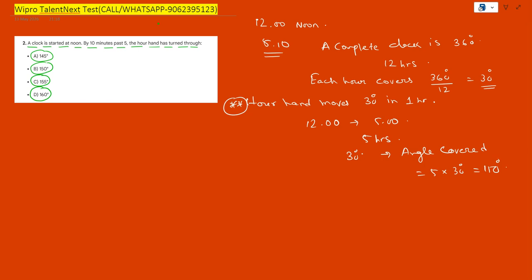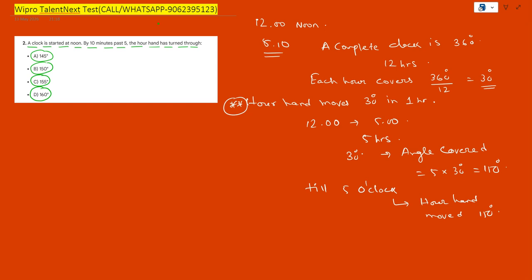So, till 5 o'clock, the hour hand moved 150 degree. But wait, the question says 5:10, not 5. So this is where the aptitude examination traps the students.